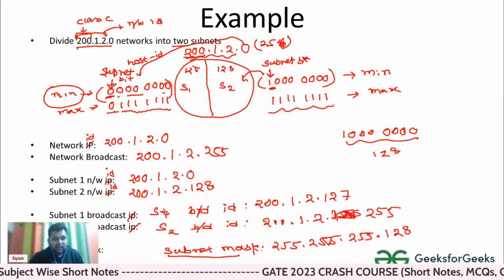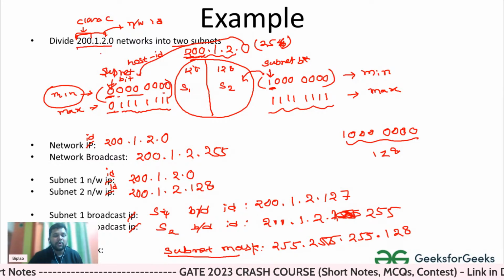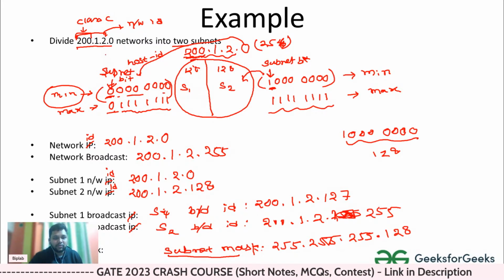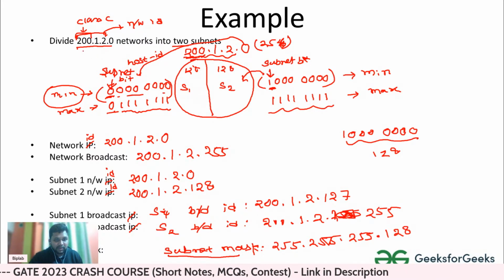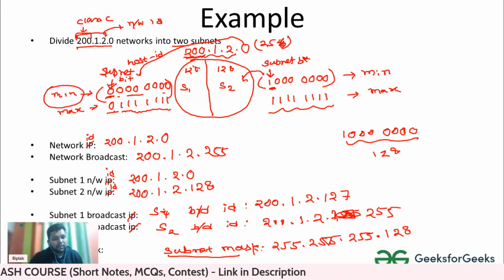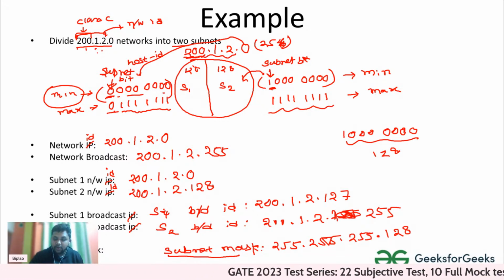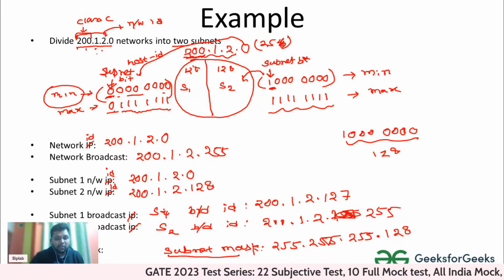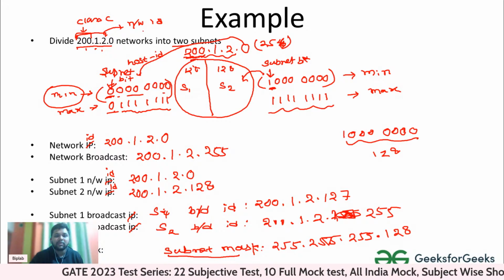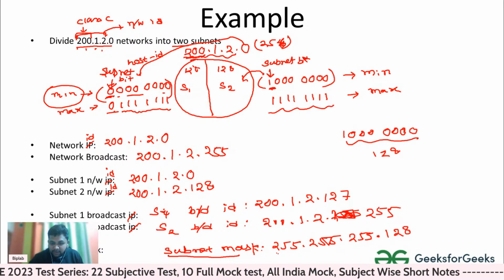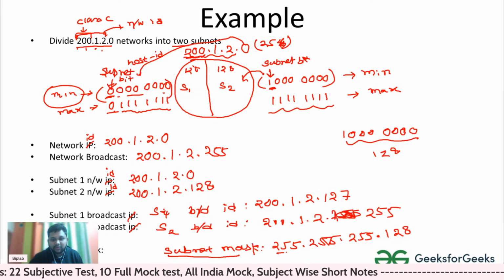So in the first three octets, you put all bits as ones, so they become 255, 255, and 255. Why do you put all ones? Because those all belong to network ID. So you have 255.255.255.